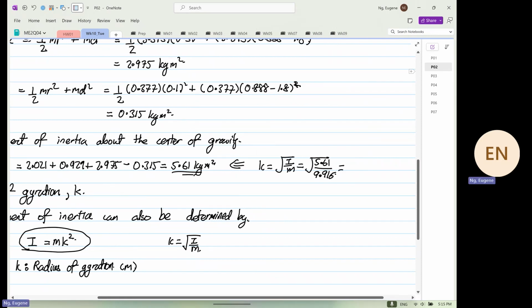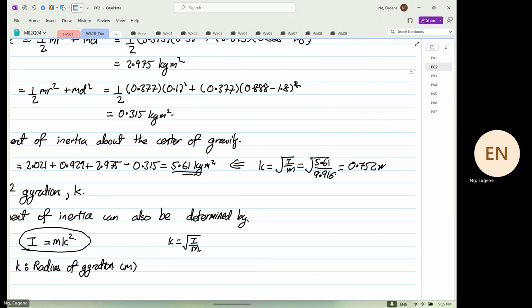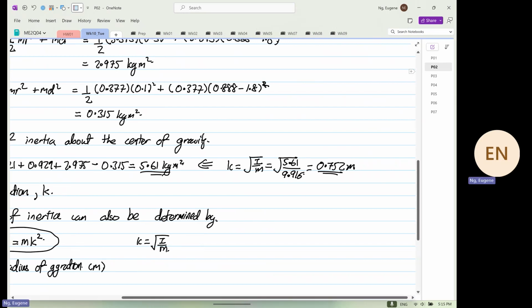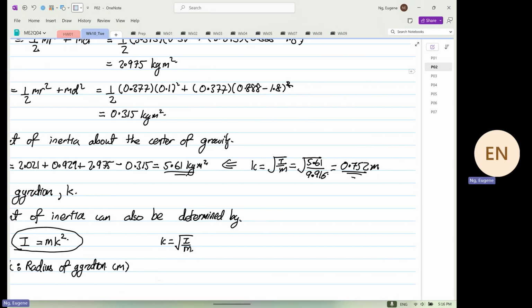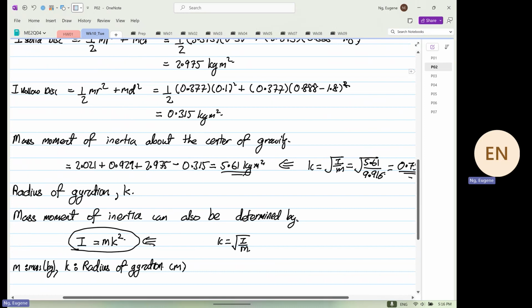So the radius of gyration is the square root of 5.61 divided by 9.916, which is equal to 0.752. So in some question, if they give you the radius of gyration and they do give you the mass, this is the formula you can apply. Are we clear? Okay, if that's the case, I'll see you guys on Thursday.